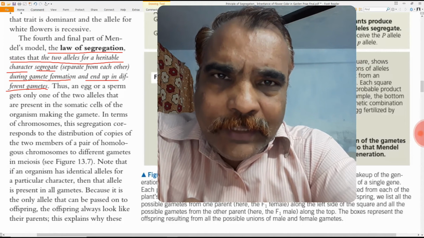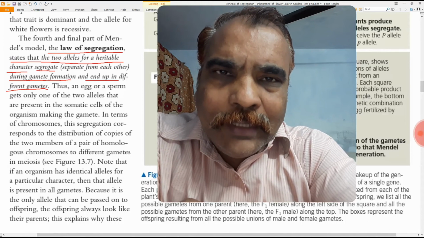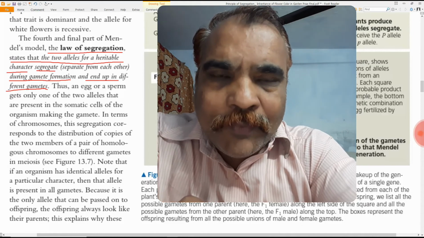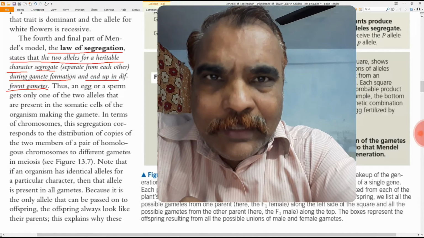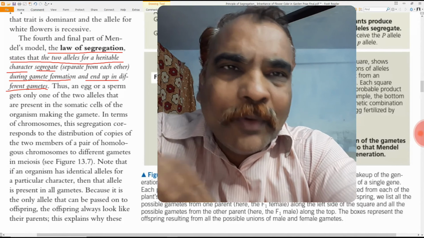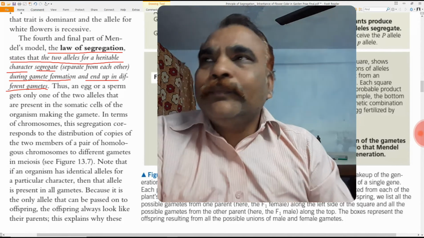So for a gene there are two alleles, and these two alleles segregate, they separate from each other when the gametes are formed, and that's why in the gamete only one allele is present. This is called the law of segregation.